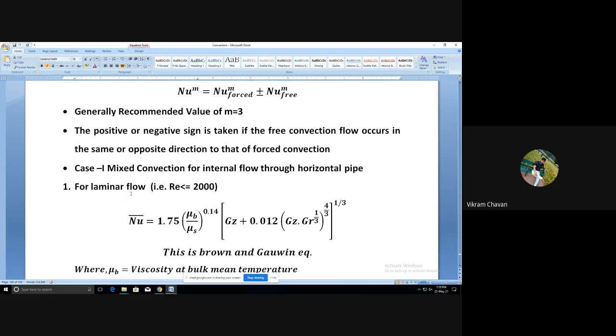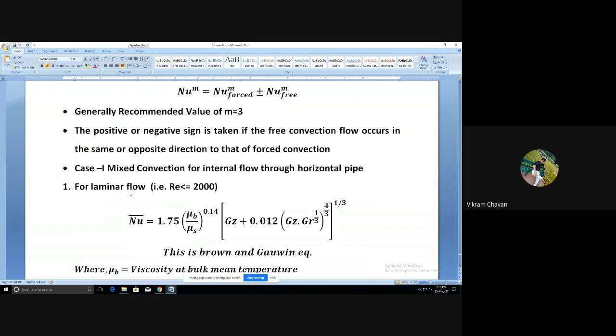plus 0.012 inside the bracket Gz multiplied by Gr raised to 1/3.